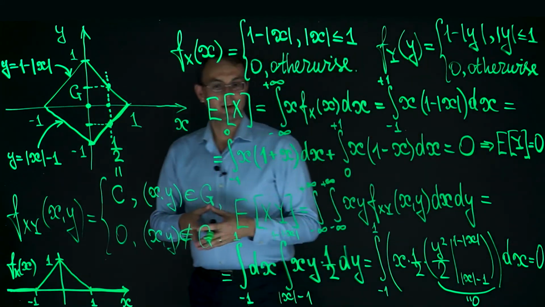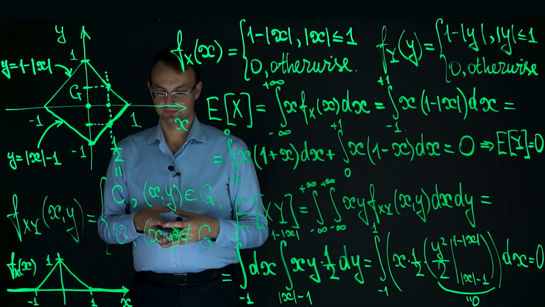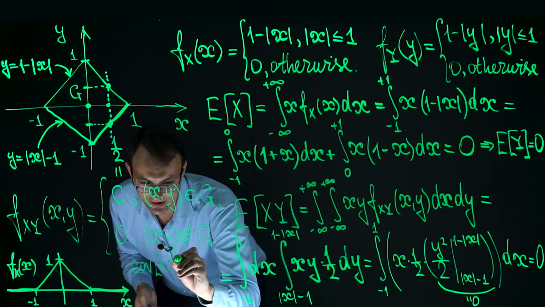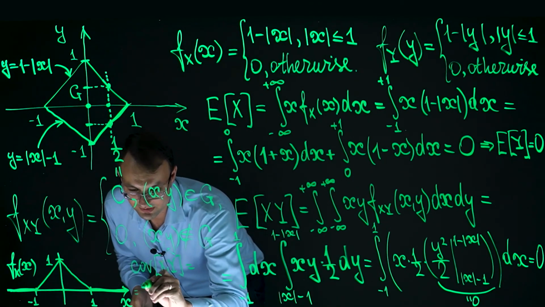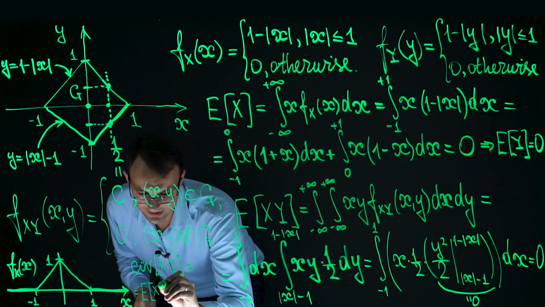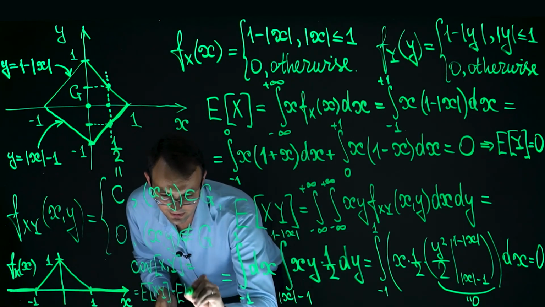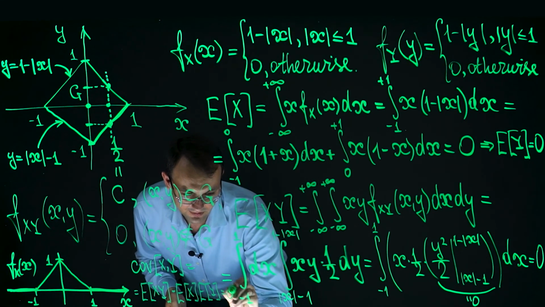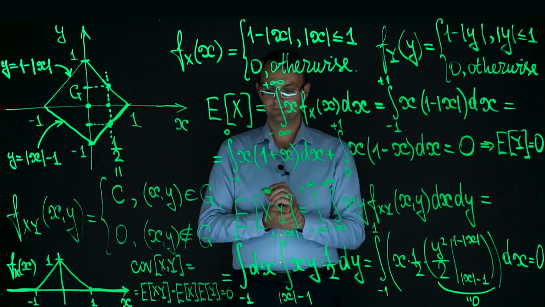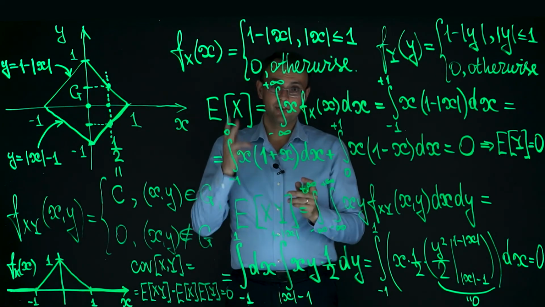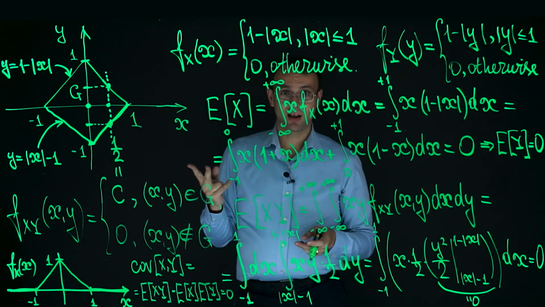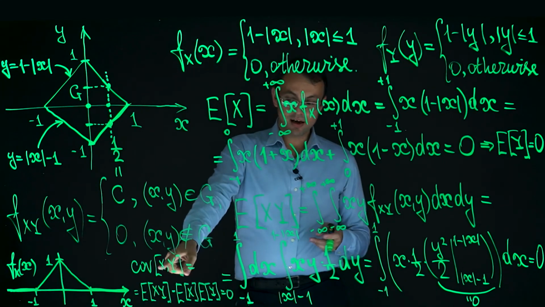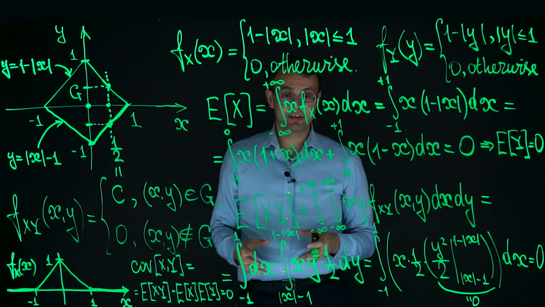As covariance of x and y is equal to e of xy minus e of x times e of y, and the covariance is 0, these two variables are not independent, they are dependent, but they are uncorrelated because their covariance is 0.